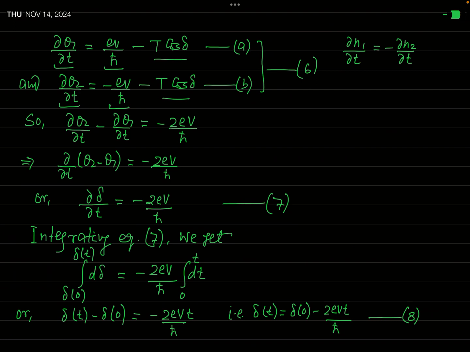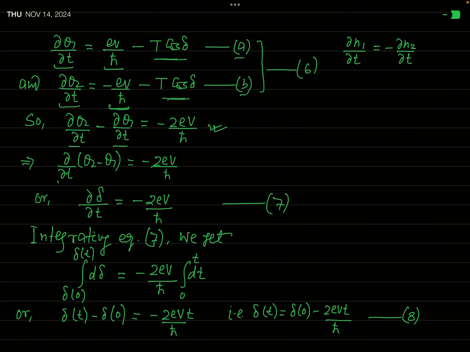Now let us subtract equation 6a from 6b. It means you have to find ∂θ2/∂t minus ∂θ1/∂t. When we subtract the RHS of equation 6a from 6b, the T cos δ is the common term, so it will cancel out, and our result will be minus eV over ħ minus eV over ħ, which is equal to minus 2eV over ħ.